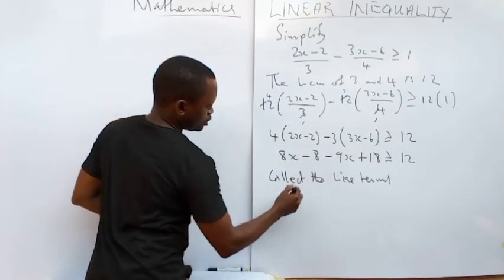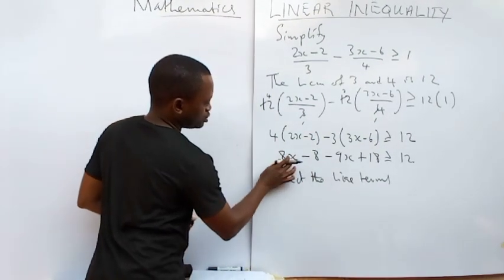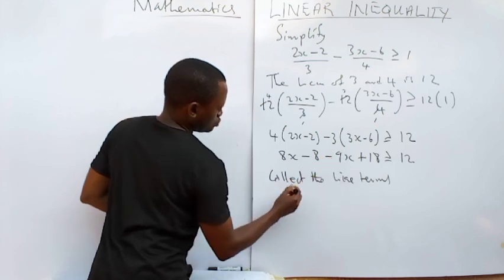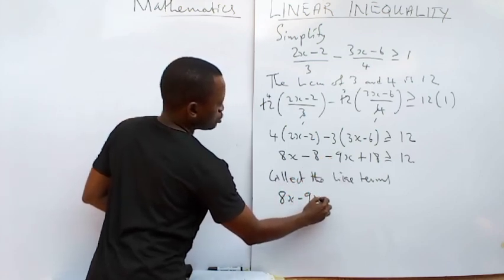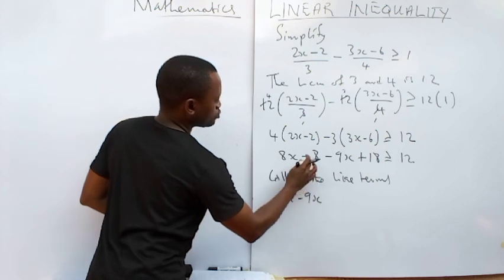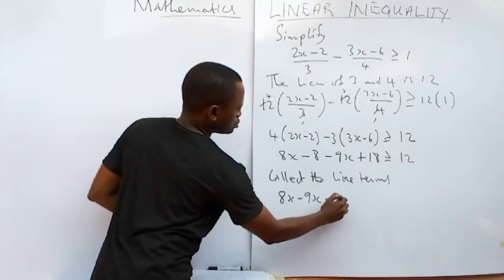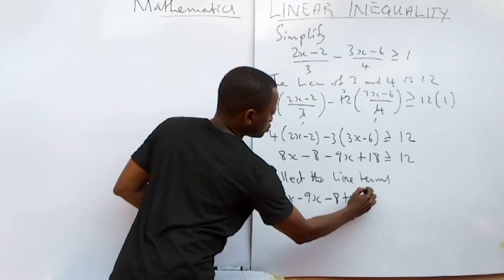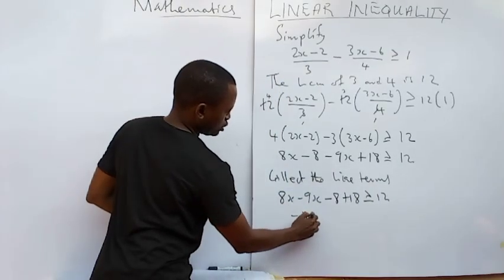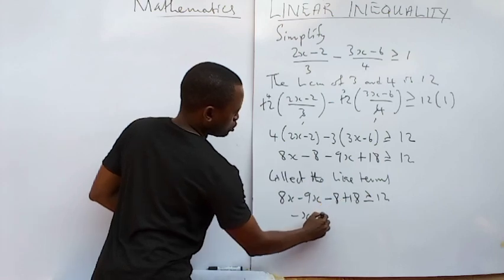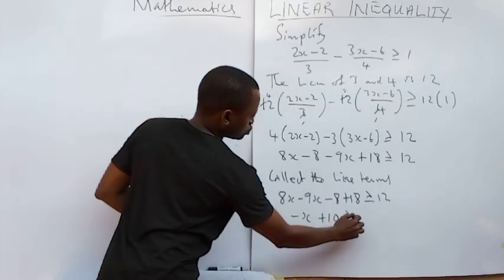So collecting the like terms, I have 8x minus 9x, and I have minus 8 plus 18, greater than or equal to 12. So this will become minus x plus 10 greater than or equal to 12.